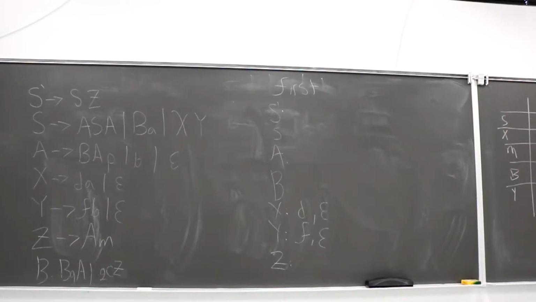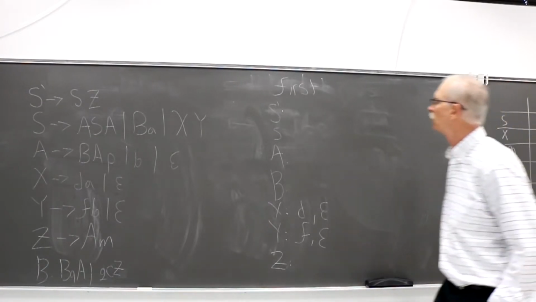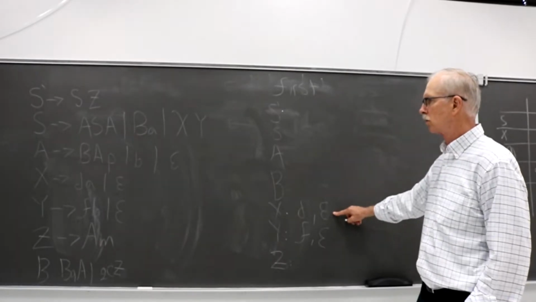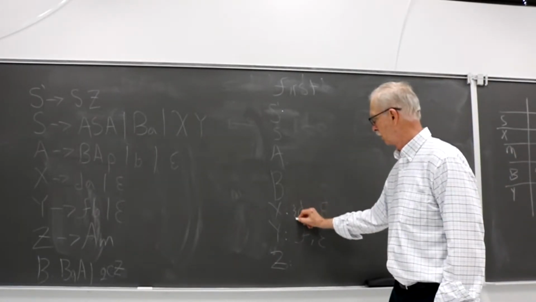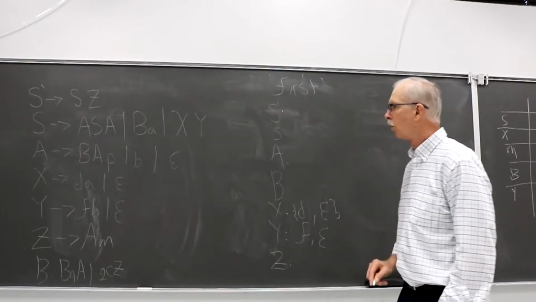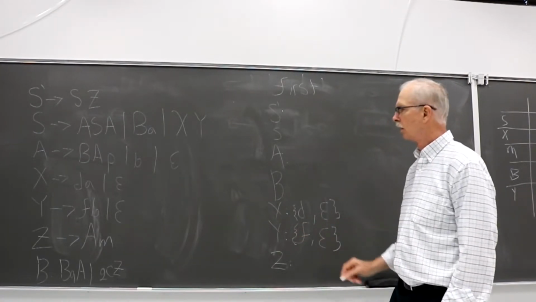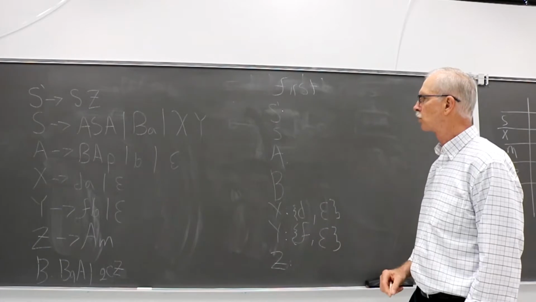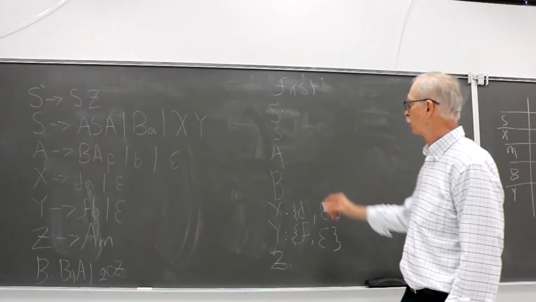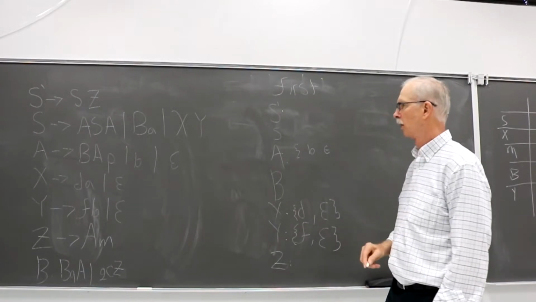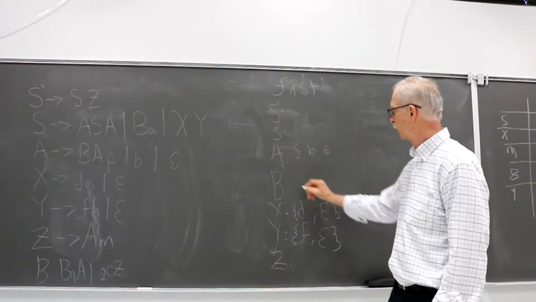All right, so we have to do this carefully. X is D and empty, yes, they were easy. Y is F and empty. So the first of A is B and empty, and then the first of B, which we don't know yet.